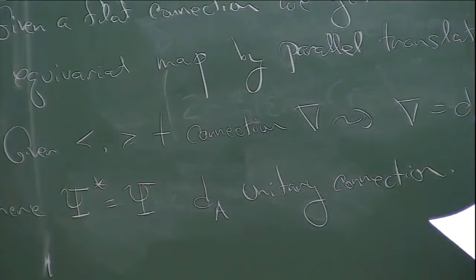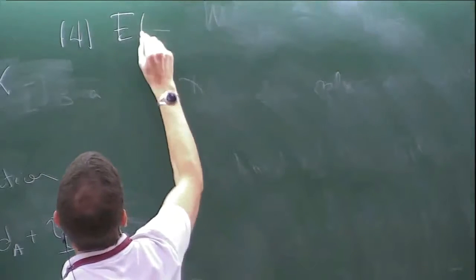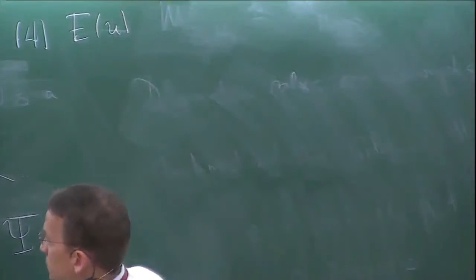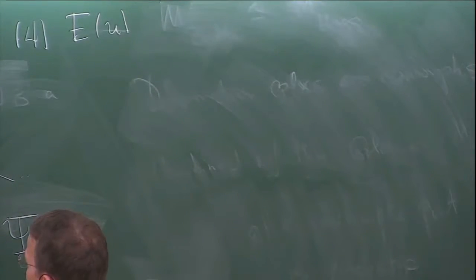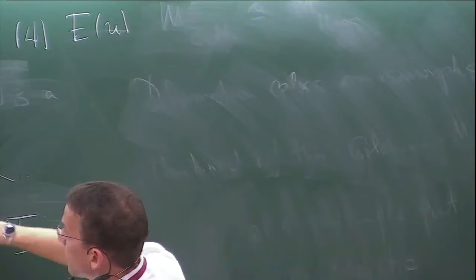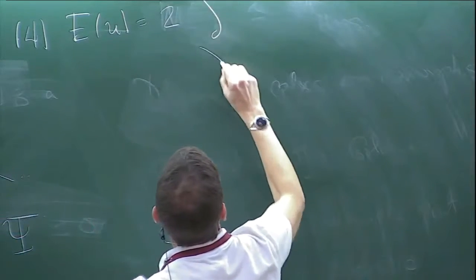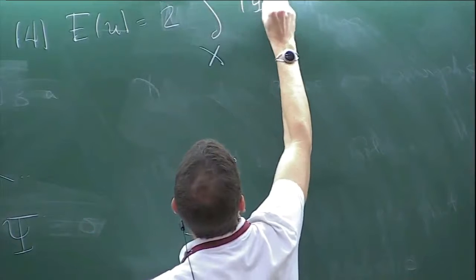And so now here's the key thing: if I have a metric, then with respect to this decomposition here, the energy of the associated equivariant harmonic map is twice the normal sum.